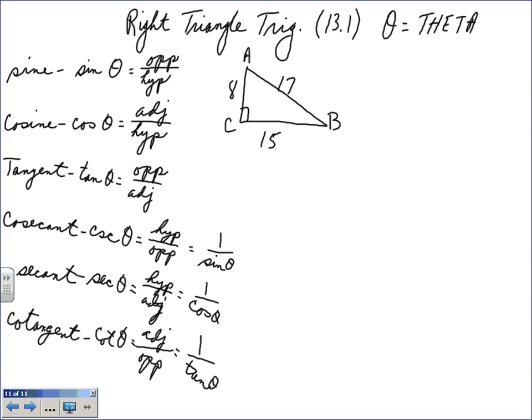The angles are labeled with capital letters, and the sides are labeled with lowercase letters. And side A would be the side opposite angle A. Side C would be the side opposite angle C. And side B would be opposite angle B. All right?